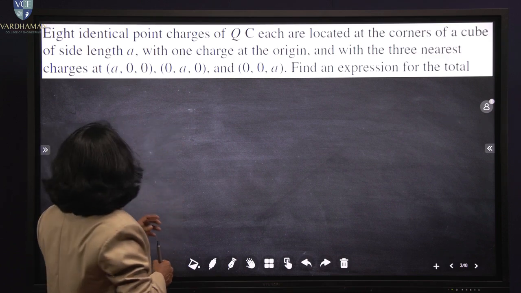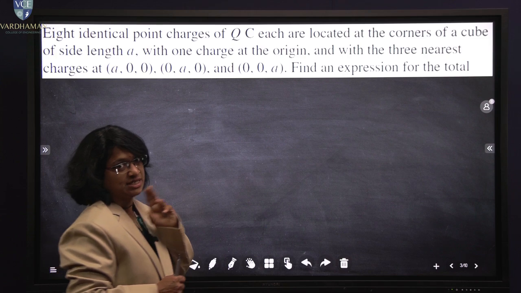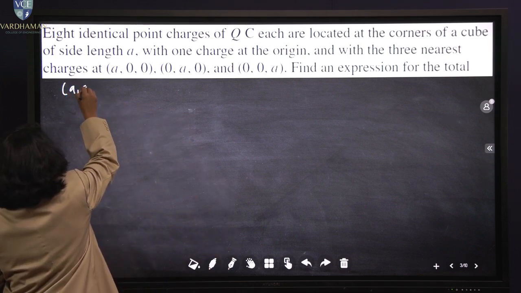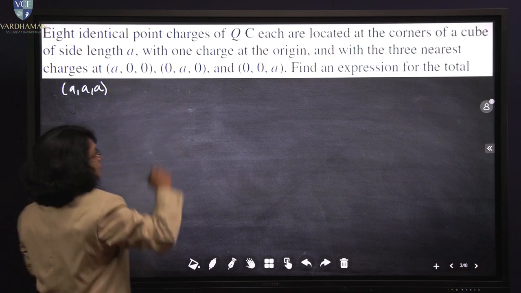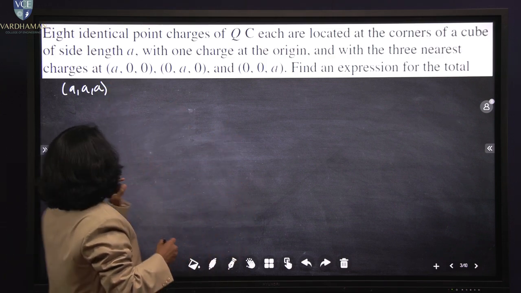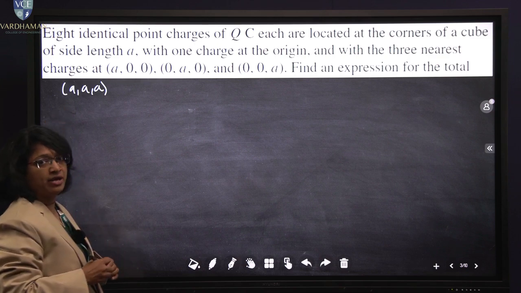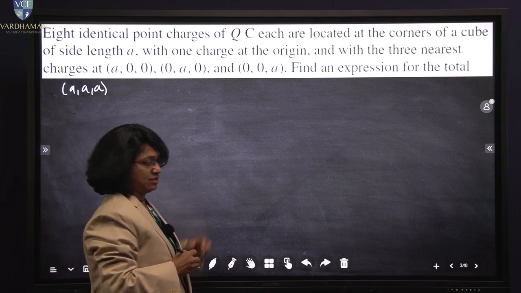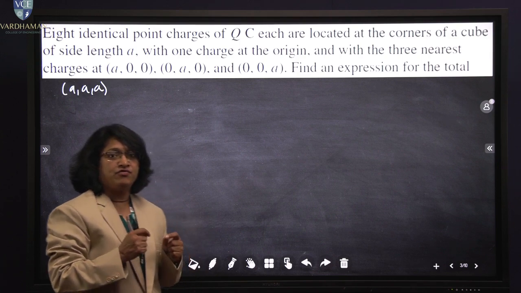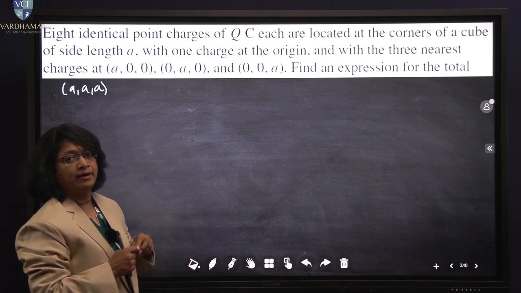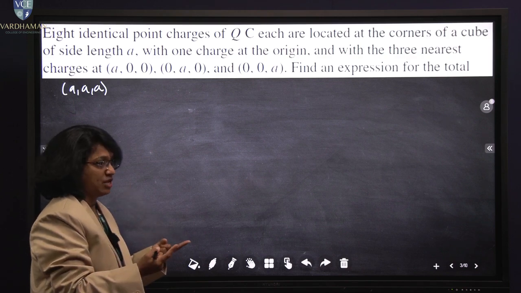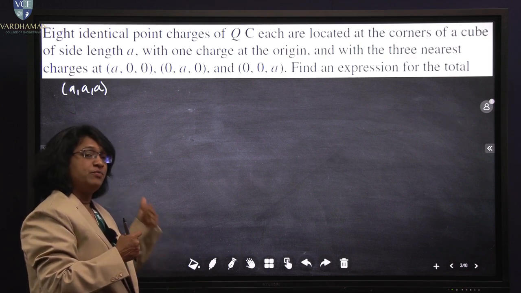Find the expression for the total force field F at the point of interest A, A. If this is the question, then we need to calculate the force acting at this point due to the presence of the charges which are placed at the corners of the cube.